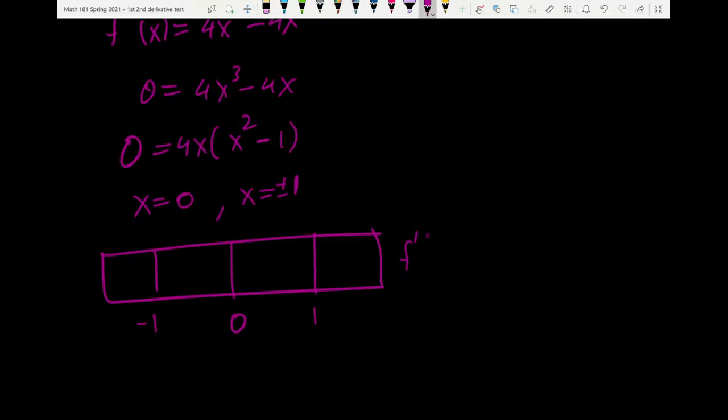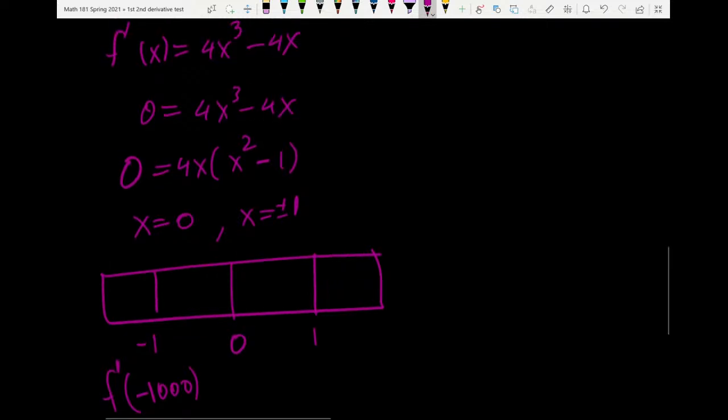We could technically plug in, let's say, f prime of negative 1000. I don't care about the exact answer. I just want to know if it's positive or negative. Looking at this original function, this is still going to be negative right over here. That's all I care about.